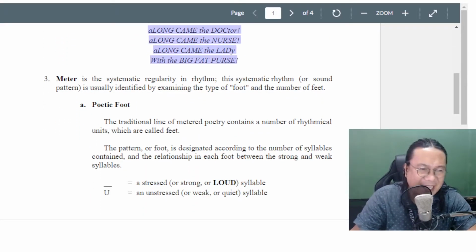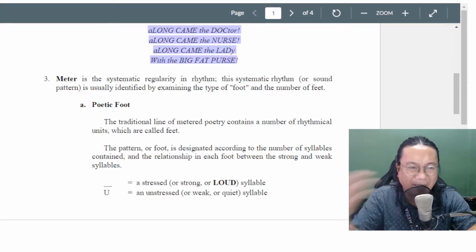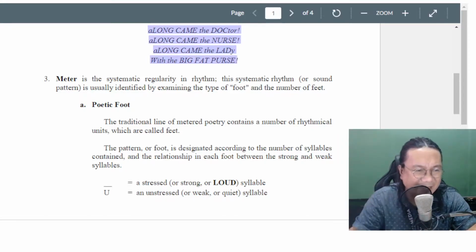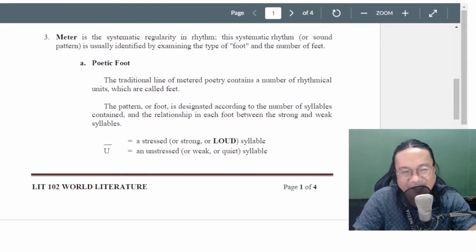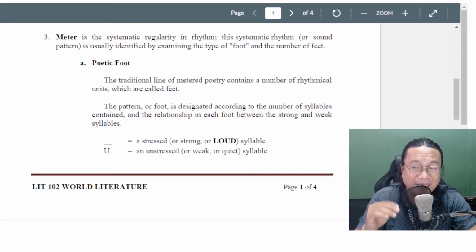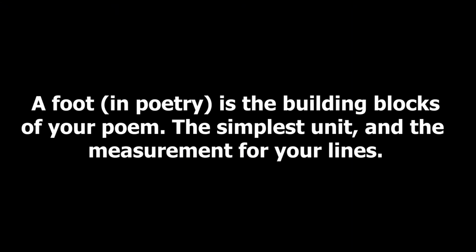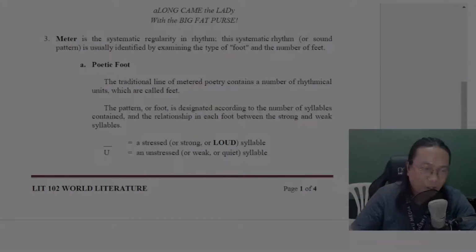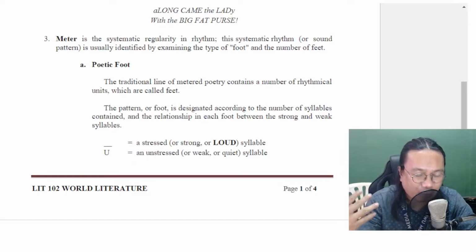Meter is the systematic regularity in rhythm. It's a sound pattern. It's identified by examining the type of foot or the number of feet. Pag sinabi nating foot in literature, what do we mean by these? Okay, so let's talk about poetic foot.